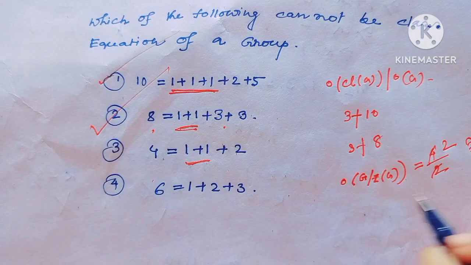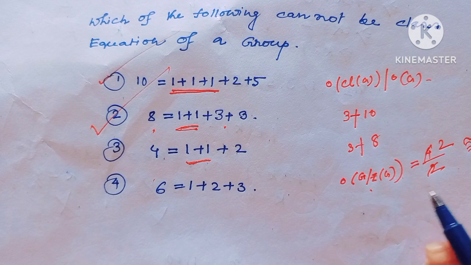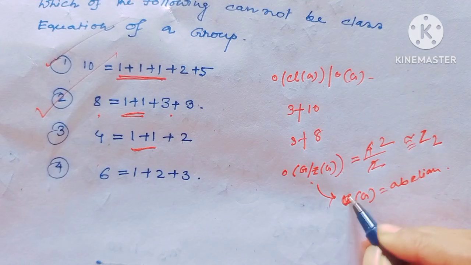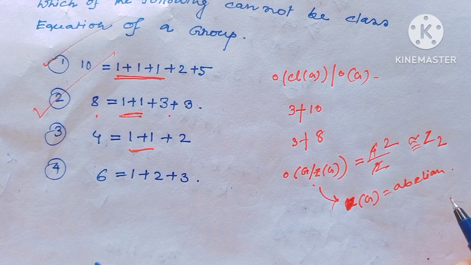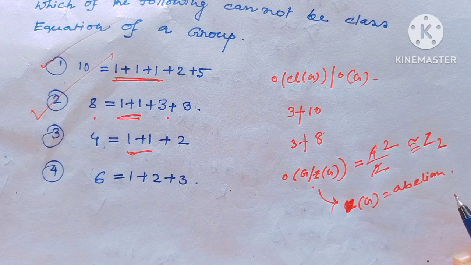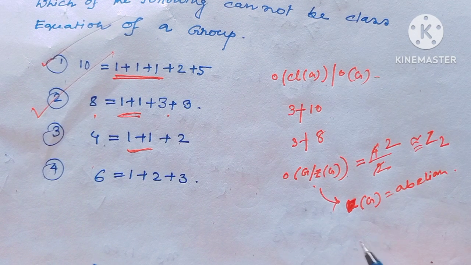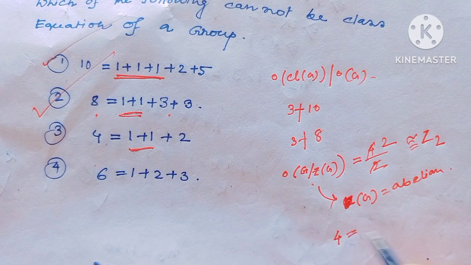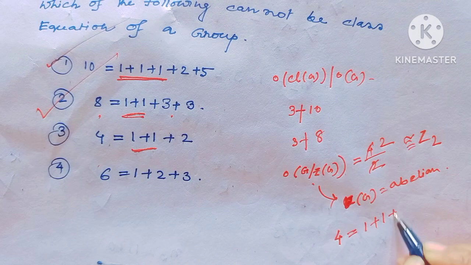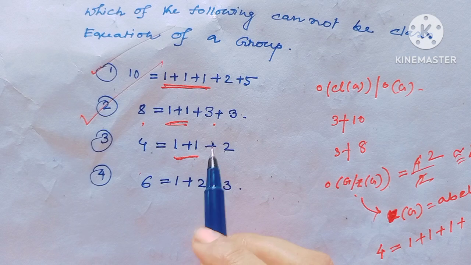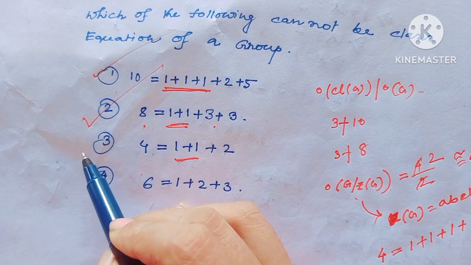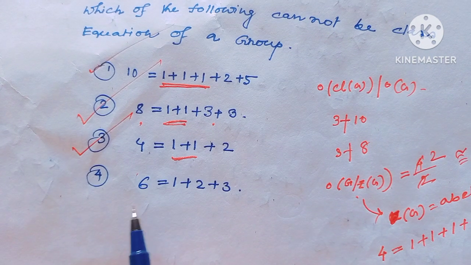If G over Z(G) is cyclic, that implies G is abelian. But when the group is abelian, the only class equation for a group of order 4 would be 1 plus 1 plus 1 plus 1. But here the given class equation is 1 plus 1 plus 2. This is also not possible. So this is also a right option.